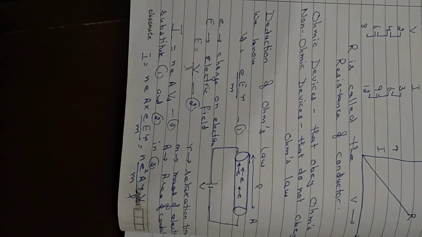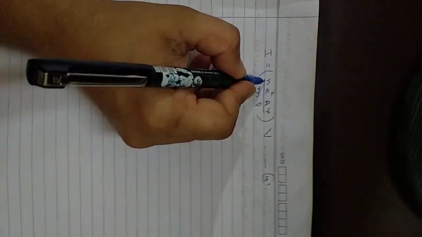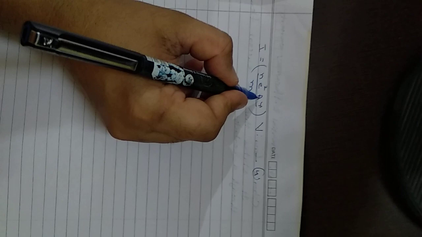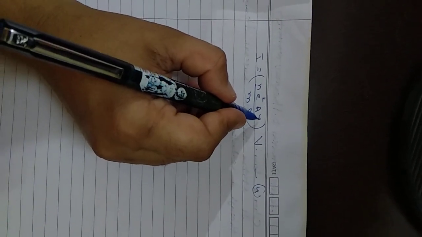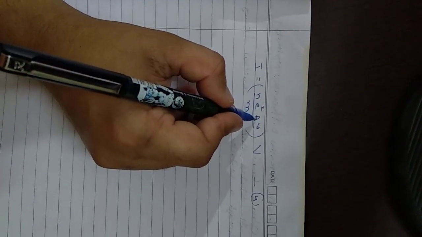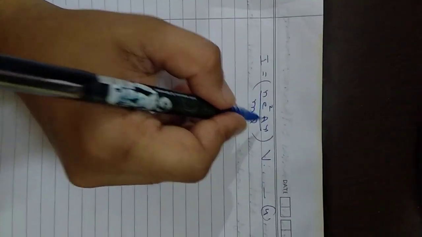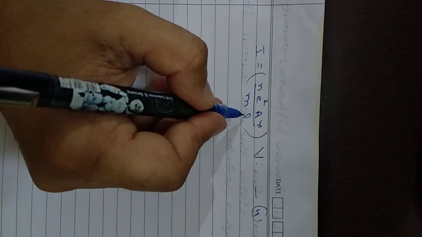We know N is the number density, that is constant, e is the charge on the electron, A is the area, tau is the relaxation time, that is always a constant for a particular conductor. Area we have taken as a particular area, so it is constant. m is the mass of the electron, L is the length of the conductor.